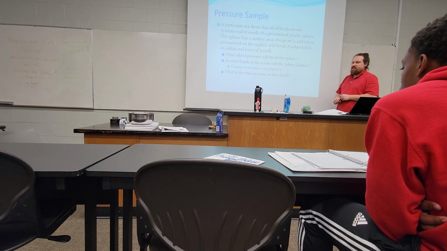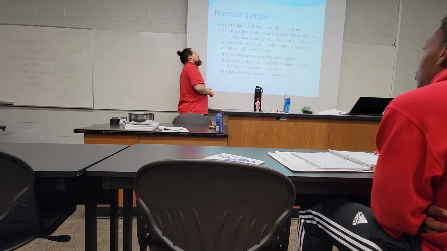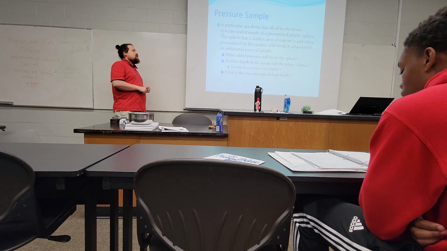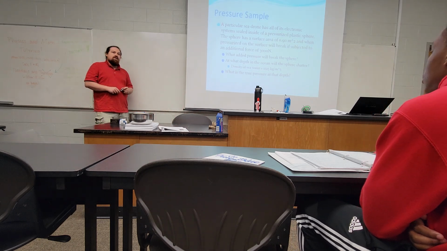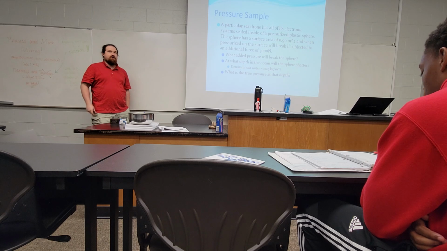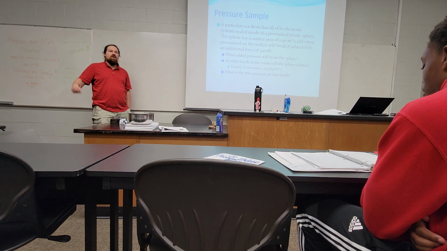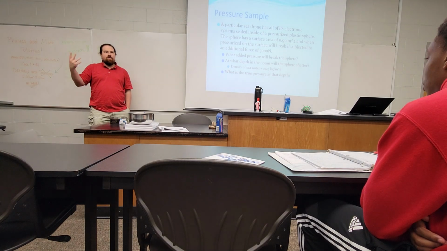That's the force it can take, at which point it will shatter. So, given those pieces of information, what pressure will break the sphere? What added pressure? It's built equalized at Earth's surface. What additional pressure beyond atmospheric pressure will shatter this thing?